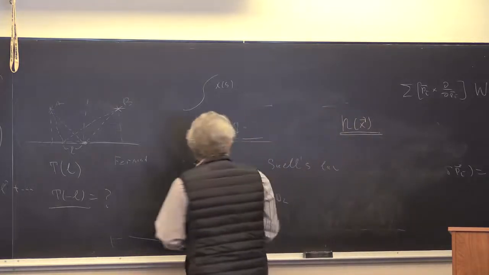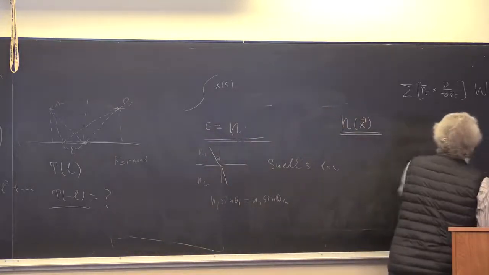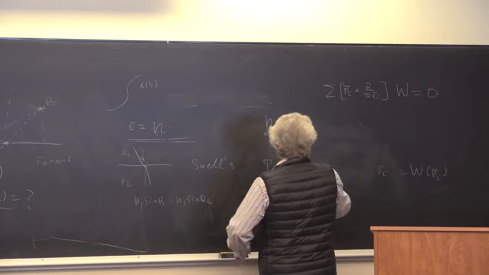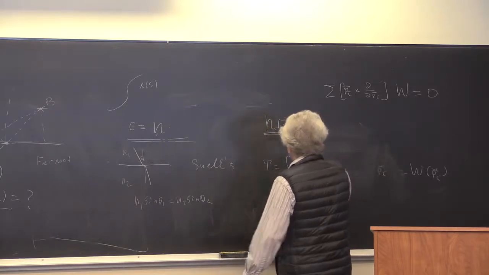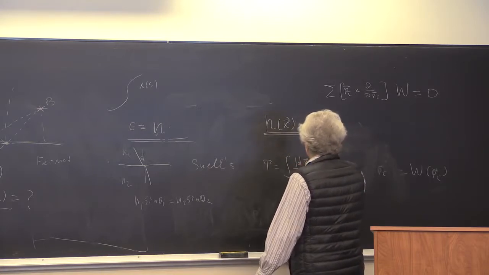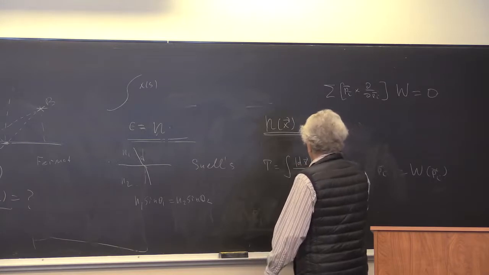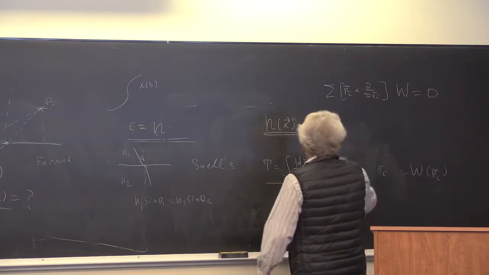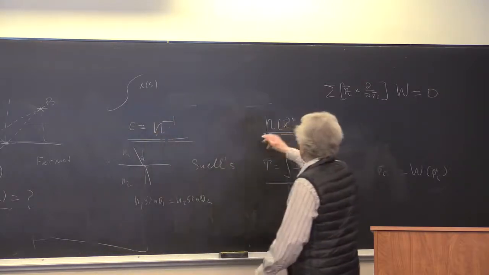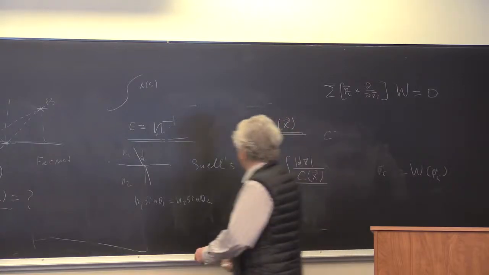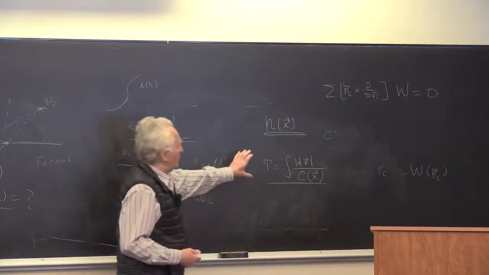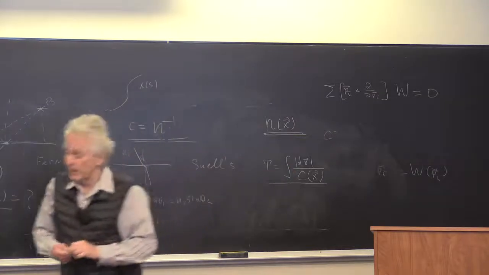And the time is the integral over the path of dx divided by the speed of light c of x, and the speed of light is the same as the refraction index. So we have to learn, that's what we will be doing, how to extremize such an expression.